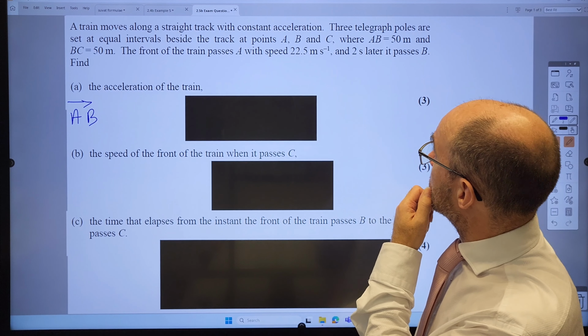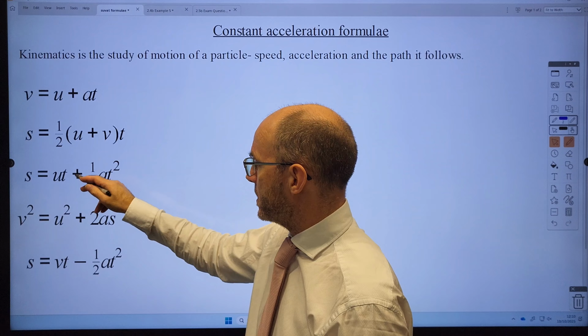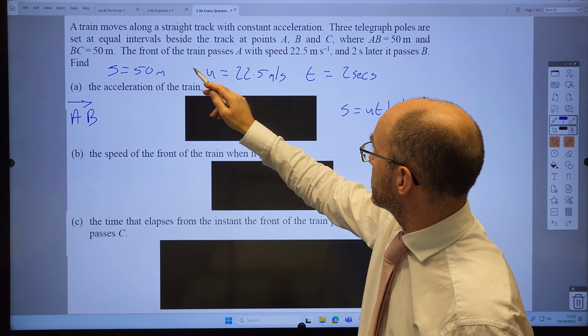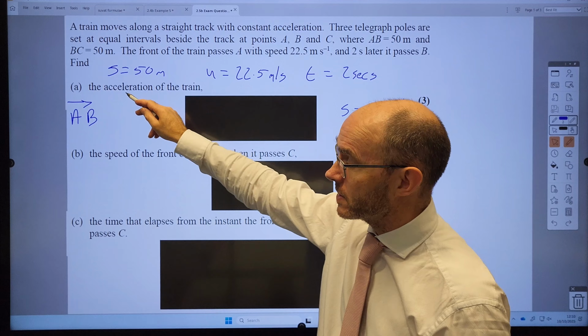Okay. So the formula I'm going to use there is s equals ut plus half at squared. The idea is that you pick out the appropriate suvat formula, not that one, this is from a previous video, it's going to be this one, that involves the letters I've just written down, so s, u, t, a. I've got s, u, t, and I need to work out an acceleration.